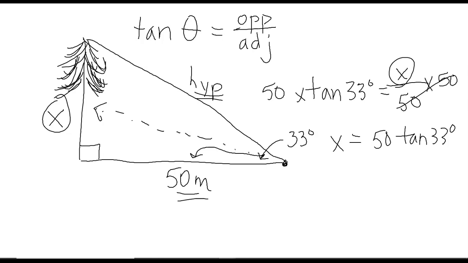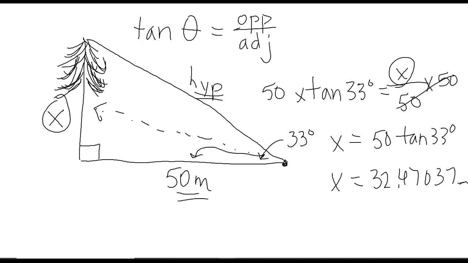I highly suggest you use that number now. Don't write it down as 0.65. Use the number in your calculator, multiply that times the 50, and we get that X equals 32.47037. There's a bunch of numbers. Now, it didn't tell us where to round.